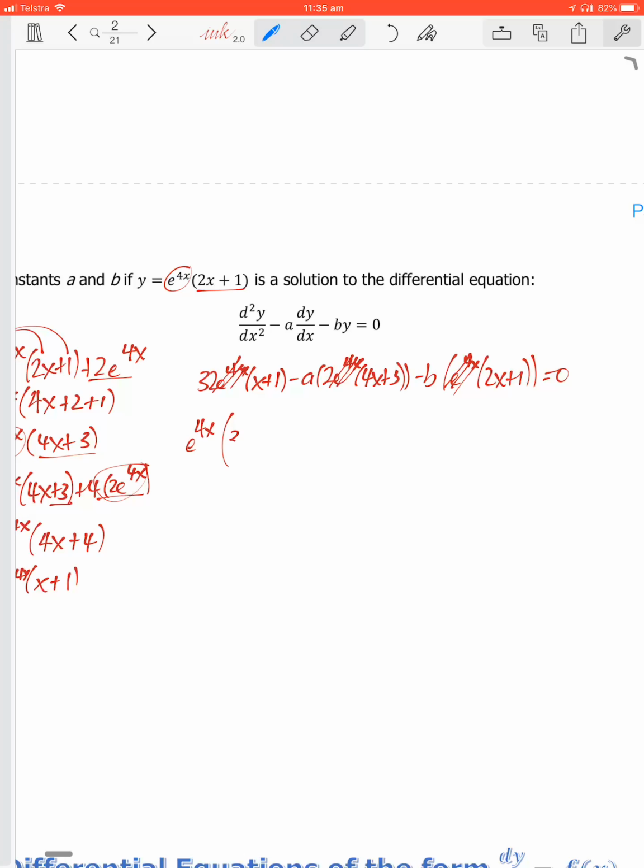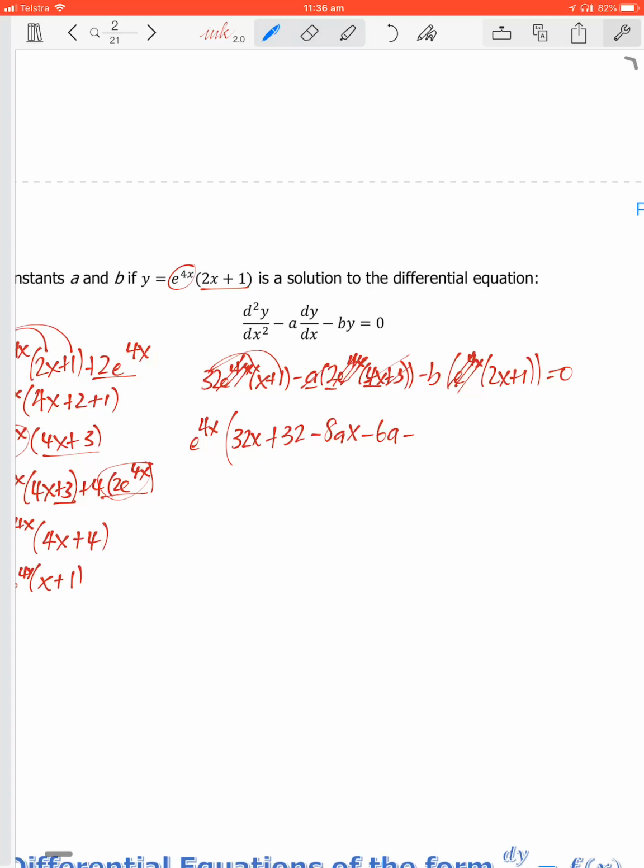Okay, so I'm going to get 32x plus 32 minus a times 2 times 4x, so 8ax, a times 2 times 3, negative 6a, so that's that done, minus 2bx, and then minus b equals 0.